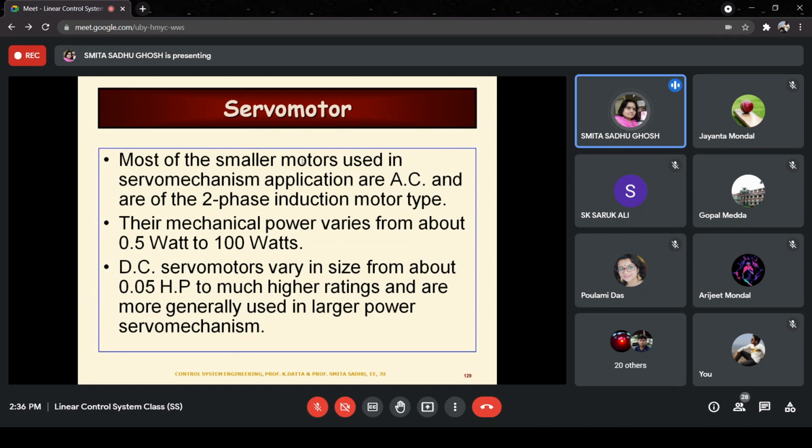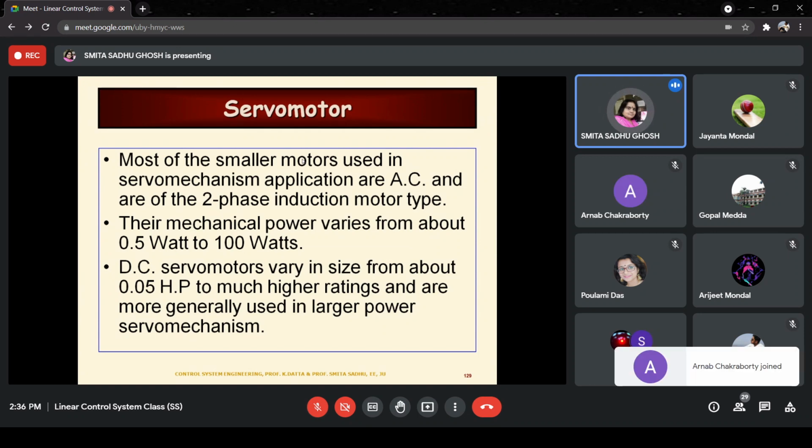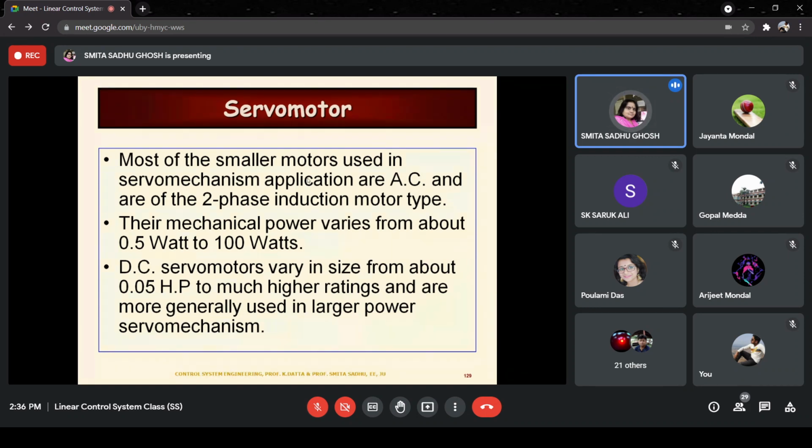Now, as far as the motors in such applications are concerned, these motors actually are, you can say, general or normal motors, in the sense that if I'm speaking of a DC servo motor, it is a DC motor, right? Similarly, AC servo motors are basically two-phase induction motor type. You can see that. So now, what are the properties which, if existent in the motor, we can call it a servo motor, right?